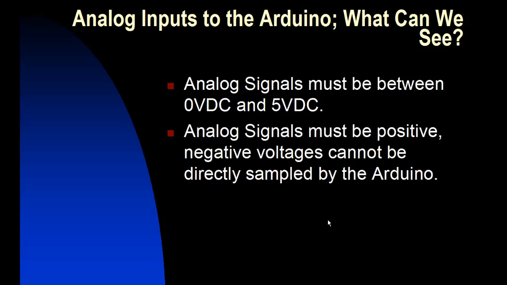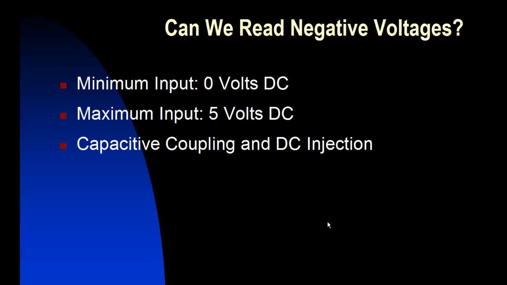So the analog inputs to your Arduino, what can we see? Any analog signal into the Arduino must be between 0 volts and 5 volts DC. Signals must be positive. Negative voltages cannot be directly sampled by the Arduino. Well, how can we read negative voltages? Again, the minimum input is 0 volts.